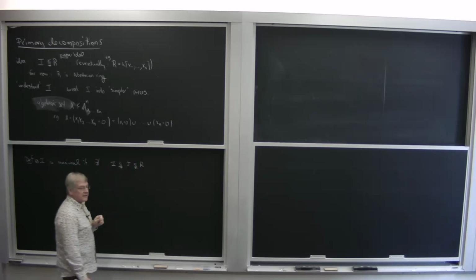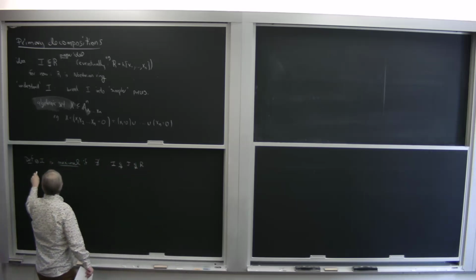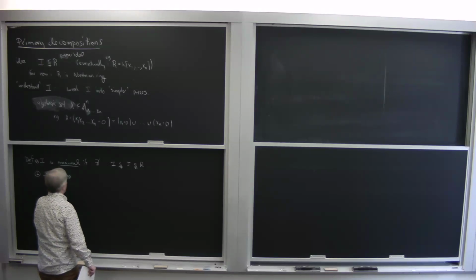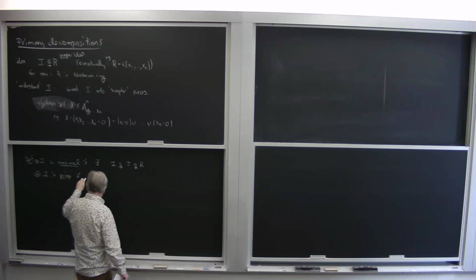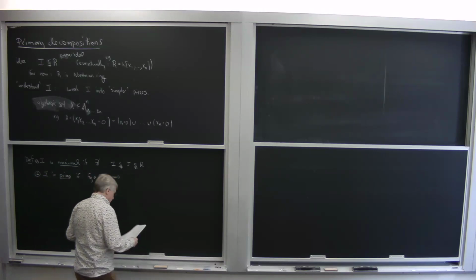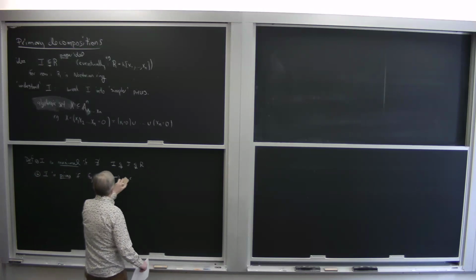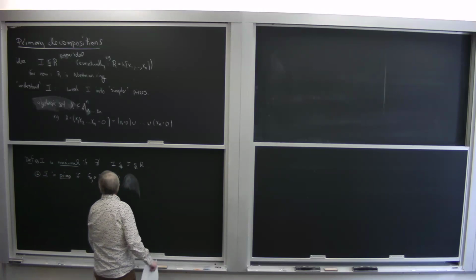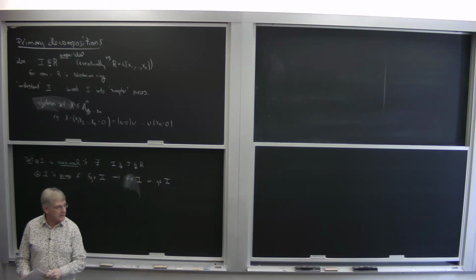There is no proper ideal larger than it, so it's a maximal proper ideal. (B) I is prime. These are the most important ones. I is prime if whenever fg is in I, then F is in I, or G is in I, or both. But in any case, we have that.